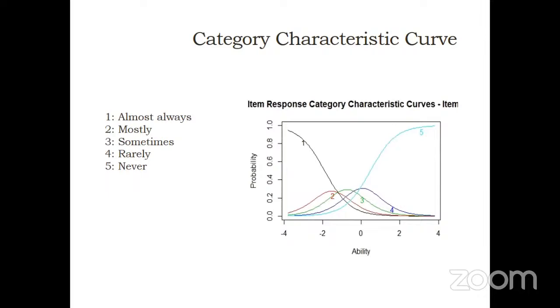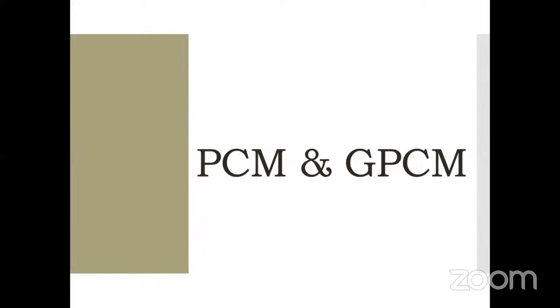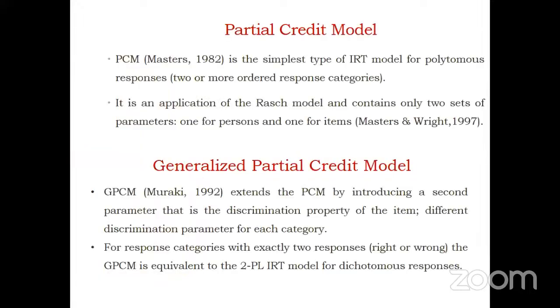That's why these 2 curves are open, and the middle 3 are closed because they have proper boundaries defined. So the PCM is the simplest type of IRT model for polytomous responses. When you have a rating scale with a number of response options, you can apply the PCM.